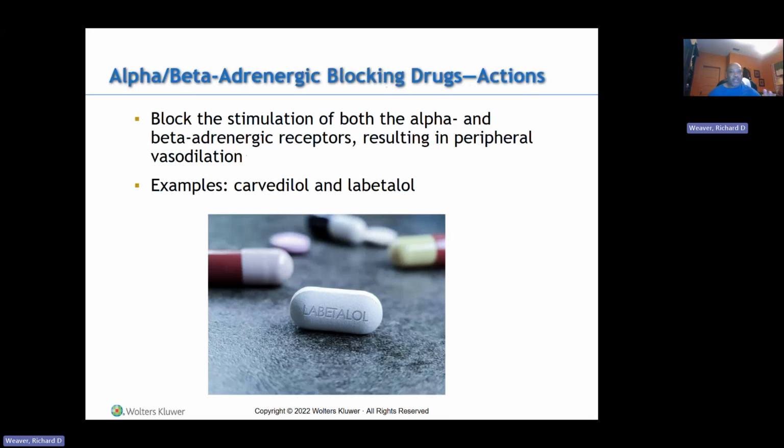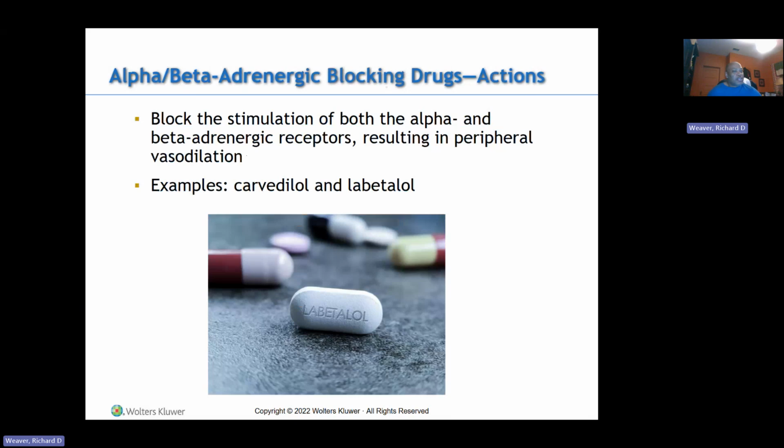Some of you probably didn't hear me say this, but think about it like X and Y. When the drug has that particular effect of X or Y, or alpha or beta, it is referred to as selective. But if the drug has X and Y, or alpha and beta properties, then it's considered non-selective. All right. So these are your non-selective.